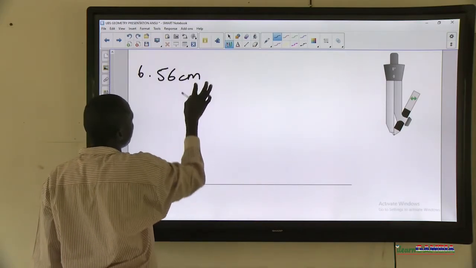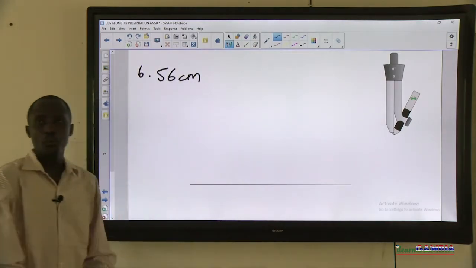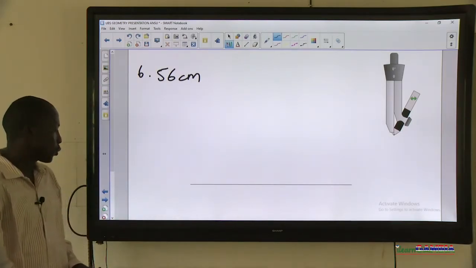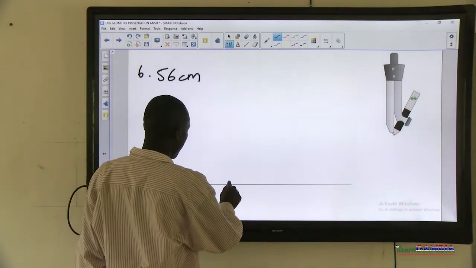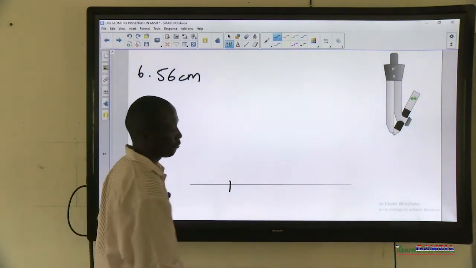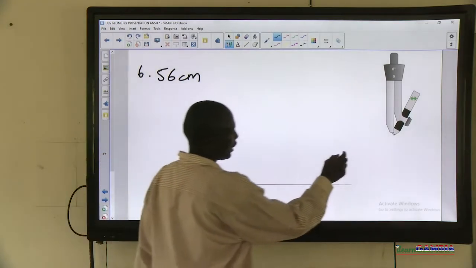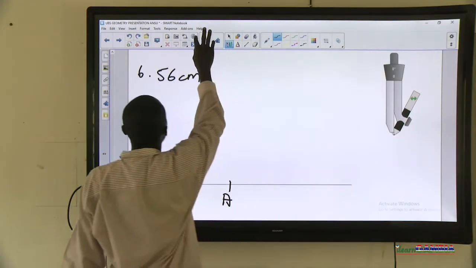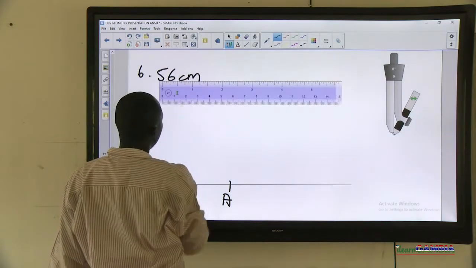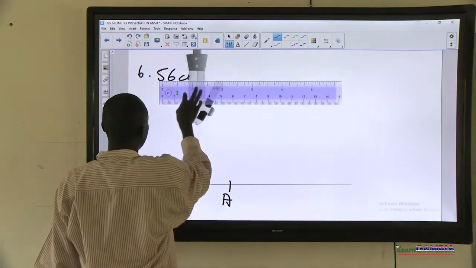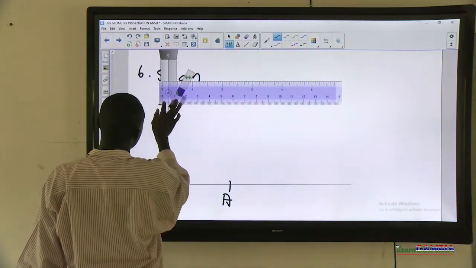That is what we are supposed to use as the length of side of the square. So we mark a point here, call that A, then take our compass and our ruler and measure 6.56 centimeters.